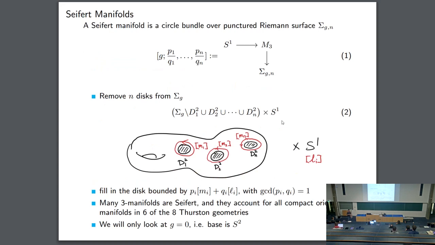So first, I will remind you what Seifert manifolds look like. It's quite a simple construction of three-manifolds. You start from a trivial fibration of a circle bundle over a Riemann surface. And what you do is you take out some solid torus, and you glue it back in by performing some twist. This is known as Dehn surgery.